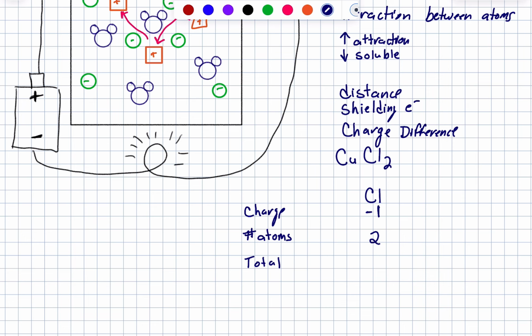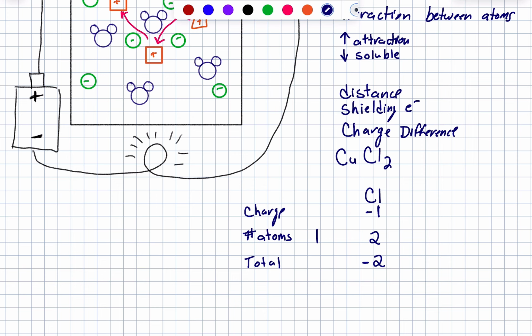When bonds form, they form to make a neutral compound. A neutral compound is more stable. And so that means that my overall charge, I have 2 atoms, both with a -1 charge, means my total negative charge will be -2. My copper, I don't know what the charge on my copper is. It's a transition metal, so it doesn't follow the rules. However, I do know from looking at my formula that I need 1 atom of copper in this formula.